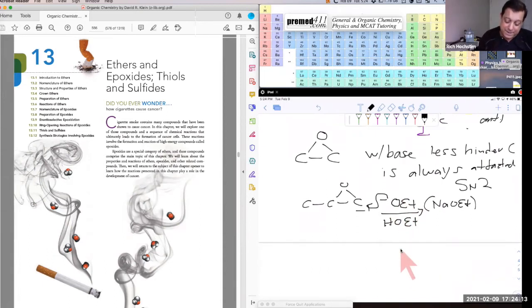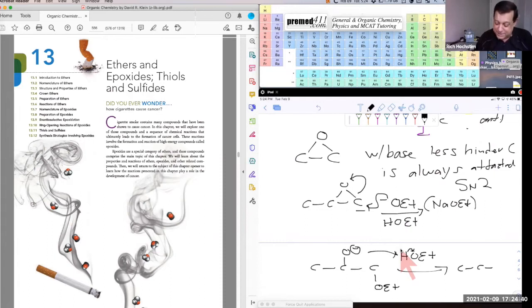So what will happen is these electrons will pop up like that. And then what that will do is it will give us a negative species here, and then here we'll have the OEt. And finally, we're going to have the ethanol, and this will attack, and it'll be protonated. We don't have to do anything in this case. We get this, and we get this.